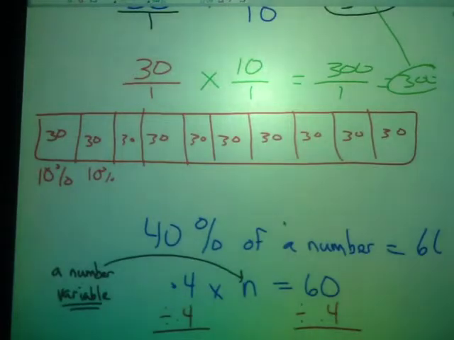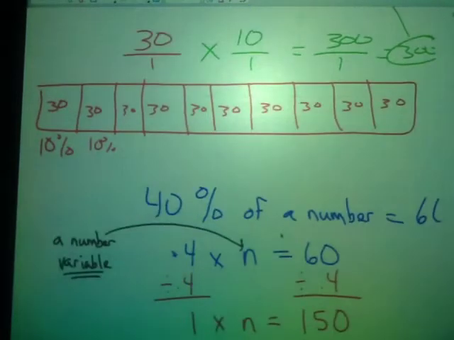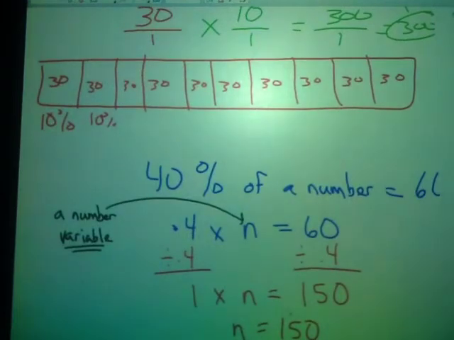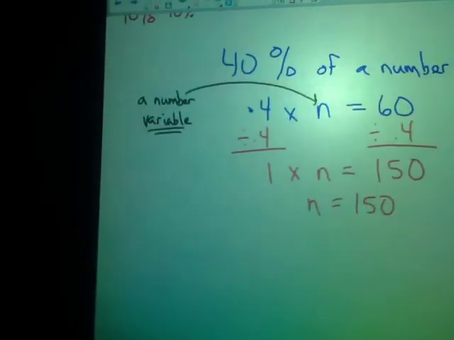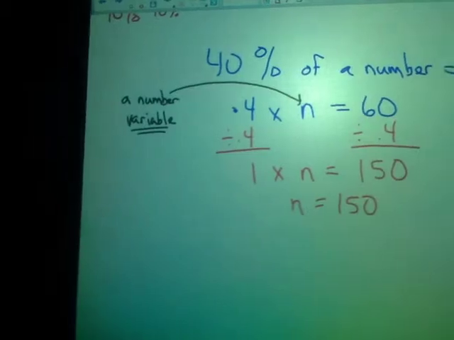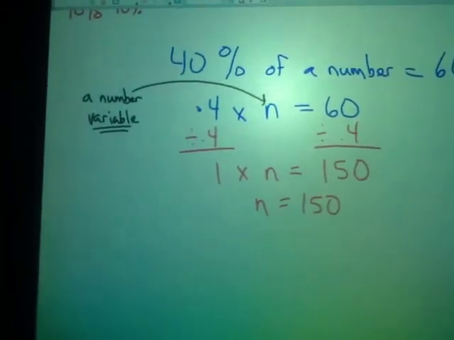This is a way that I learned when I was in school that I really like. And if you like it, please use it. If you like the other method, that is fine as well. So I do it algebraically, and by algebraically I mean I stick a new variable in for a number. In this case I just use the letter N for number.